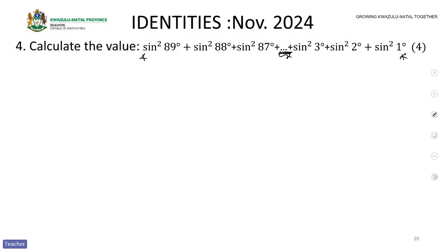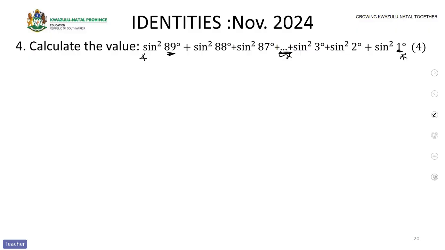Now, the first thing that we should ask ourselves here: how many terms do we have in this one? We can say that we have from 89 to 1. If we count from 1 up until 89, we can all agree that we have 89 terms. So one student in this one might be misinterpreting this.